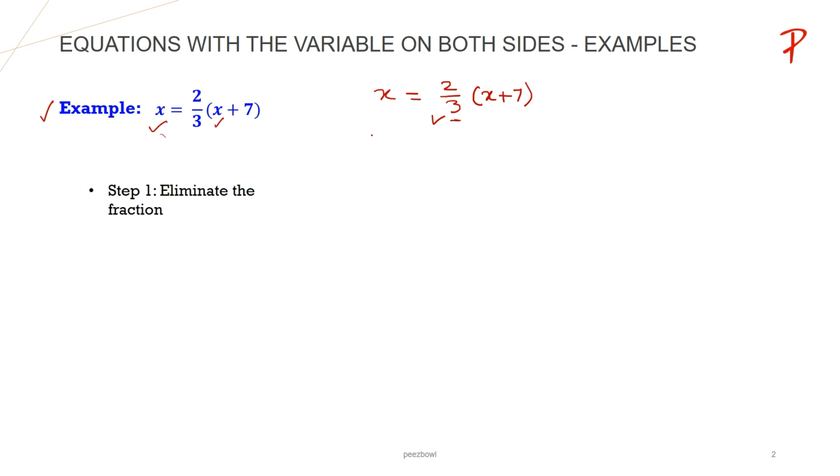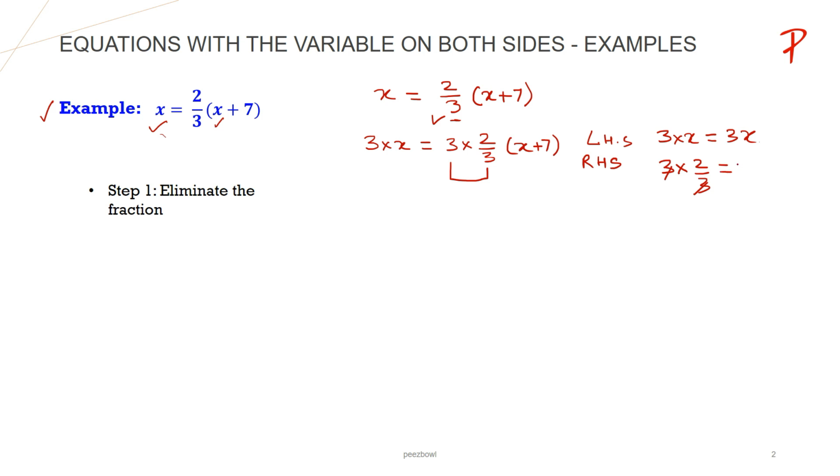So on the left hand side we will have 3 multiplied by x is equal to, on the right hand side we have 3 multiplied by 2 upon 3 then x plus 7. Now simplify both sides. On LHS we have 3 multiplied by x, this is 3x. On RHS, let us take only these two terms first: 3 multiplied by 2 upon 3, this 3 and this 3 cancel out and we have only 2.